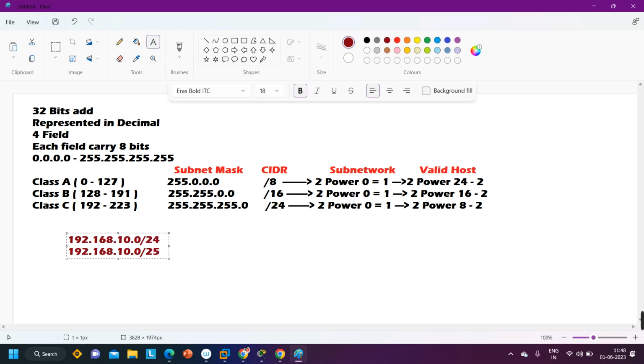That means I have borrowed one bit, yes or no? So if we have borrowed one bit, tell me what will be the number of networks? 32 minus 25. 2 to the power 1. 2 networks.